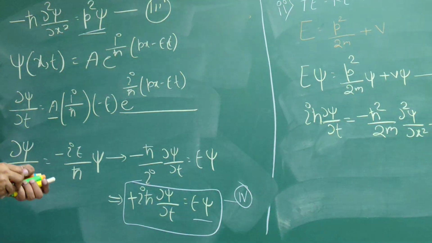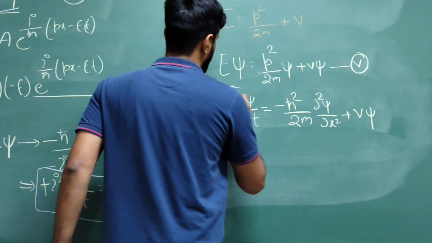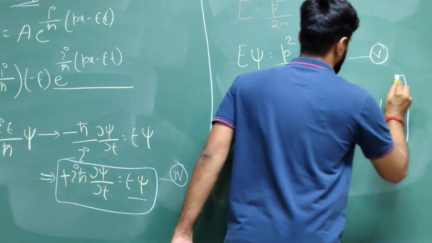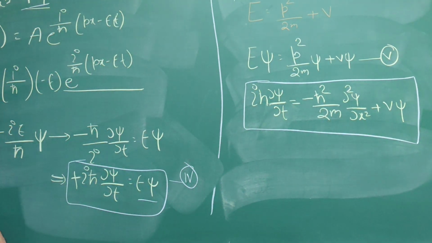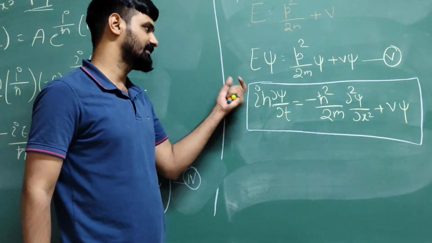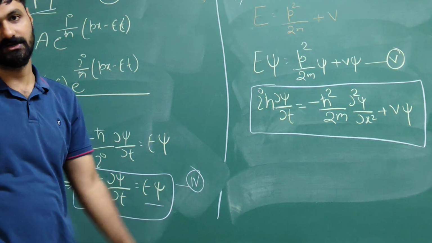I hope this is clear to all of you. This is just simple mathematics, and we have derived the Schrodinger equation. At the start we assumed there is a wave equation, and from that wave equation solution we have derived the Schrodinger equation.